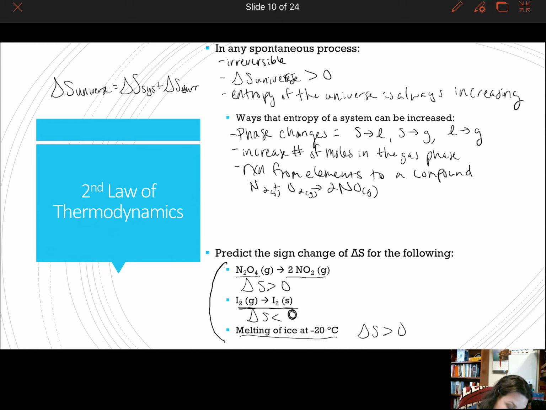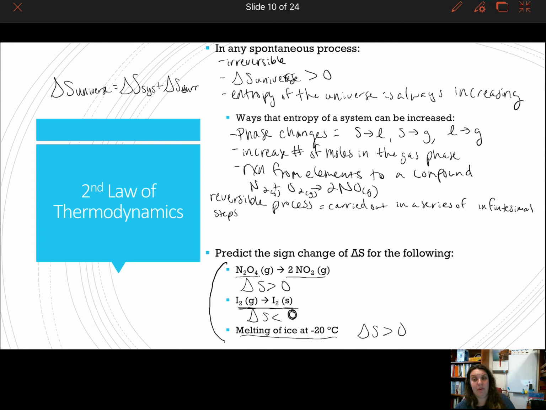So if we have a reversible process, those processes are ones that are carried out in a series of infinitesimal steps. And that's the only way that it can be considered reversible, right?